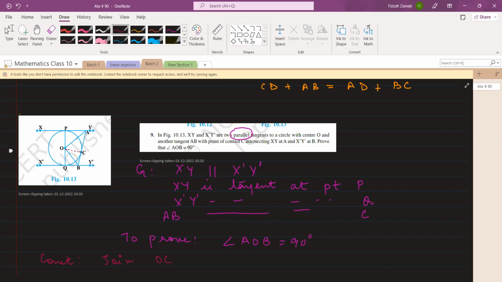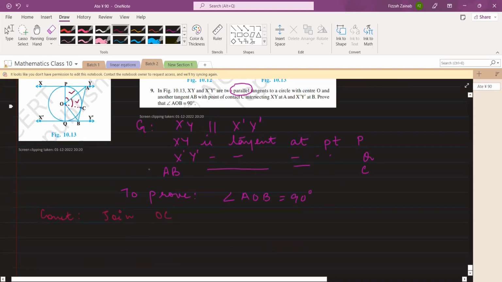Okay, so we can do it this way: first of all, I'll try to show that this angle and this angle are equal, right? This I can do if I show that these two triangles are congruent. Which triangle? This one and this one. Is that clear? Yes, ma'am.